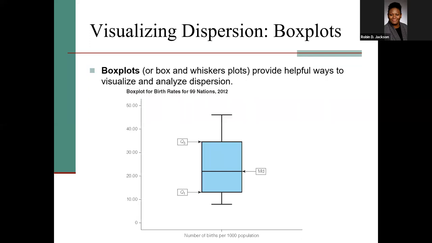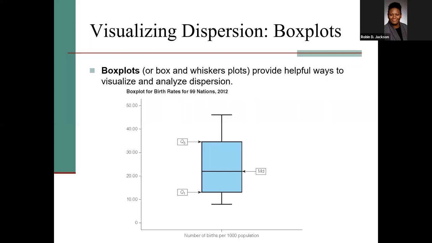Now, essentially, a box plot is defined as a graph that presents information about central tendency and dispersion of a variable. The box plot, again, consists of a box and 2 lines, one to the left and one to the right of the box, or in some cases vertically. As you can see right here, the case is vertical. The box stretches from the first quartile on the left to the third quartile on the right.